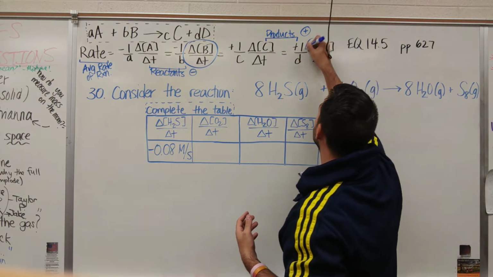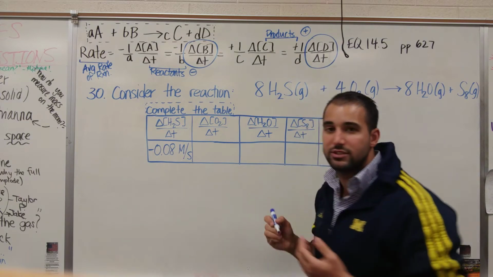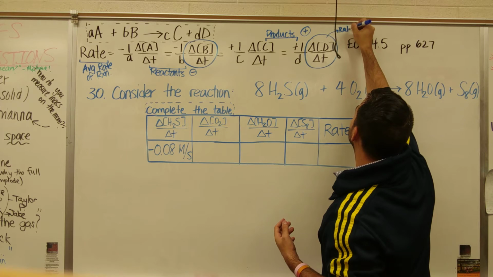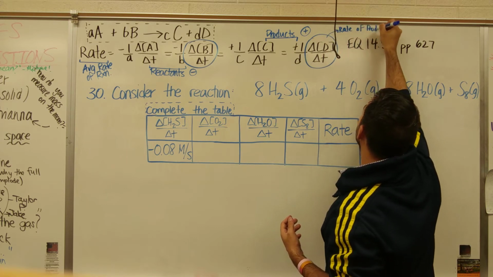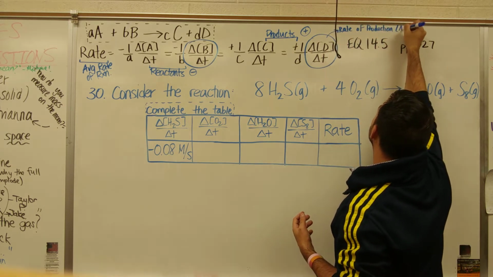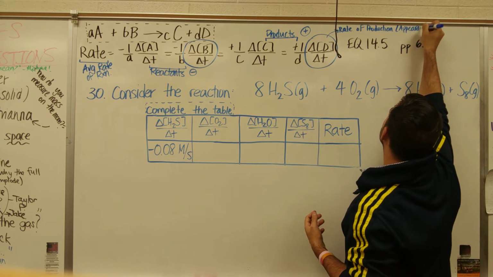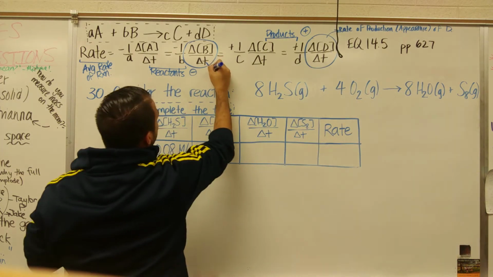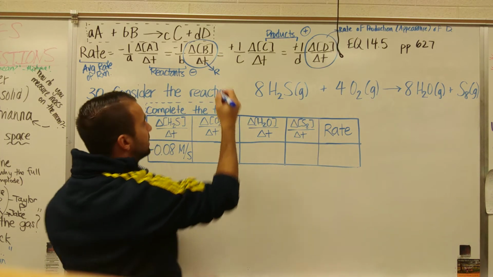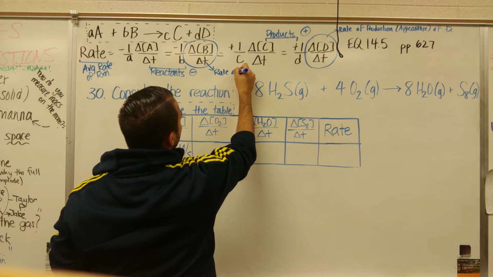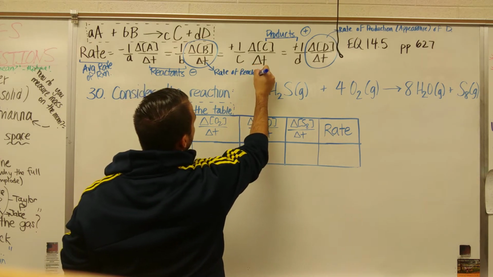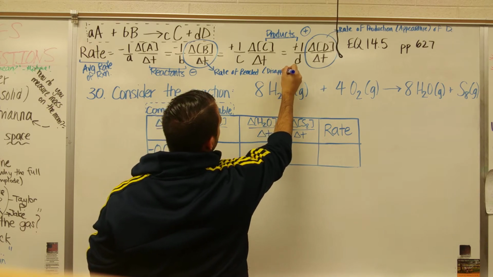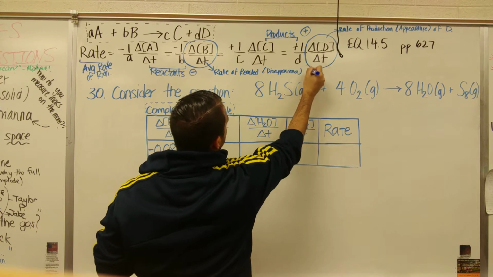So if I wanted the rate of production or of appearance of D, I would just be looking at this. This is the rate of production, or appearance, sometimes called appearance, of D. And this is known as the rate of reaction or rate of reacted, or disappearance of B, right?